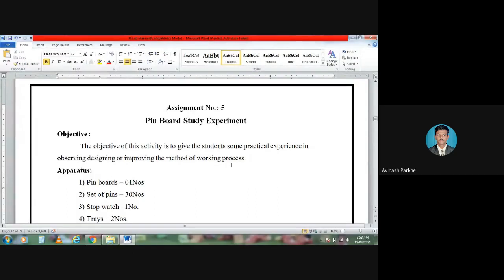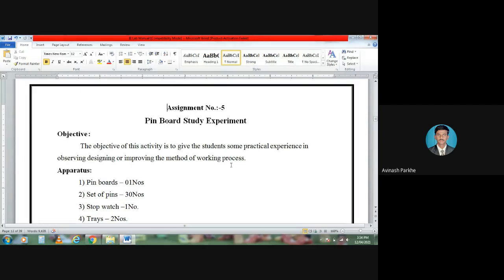As compared to method number 1, I have developed a modified method. Instead of using a single hand, if I use both hands to complete that particular work, the time required to complete the task will decrease by some percent.